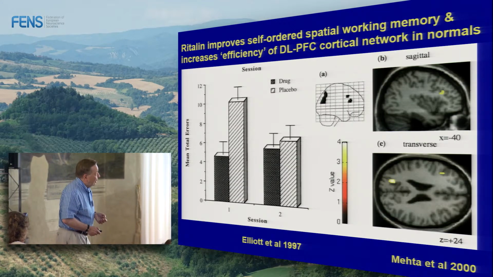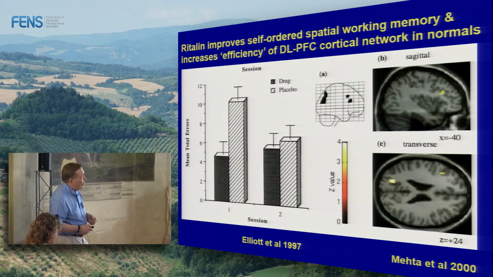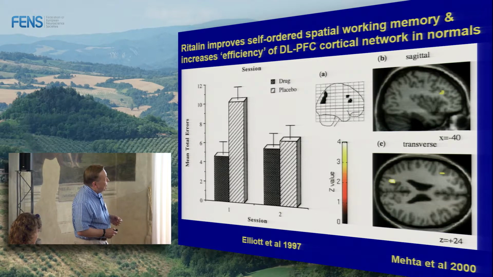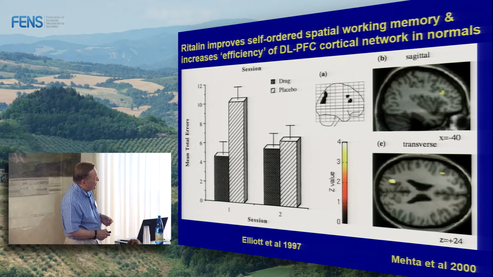And this is work with Ritalin, which releases dopamine and noradrenaline and improves working memory type tasks in normal humans. These are Cambridge undergraduate volunteers, in fact. And we measured improvements in working memory, the reduced errors with Ritalin, as a function of activity of this frontal cortex to parietal system.